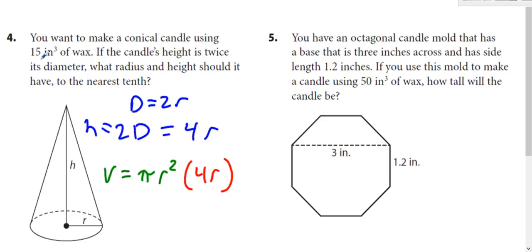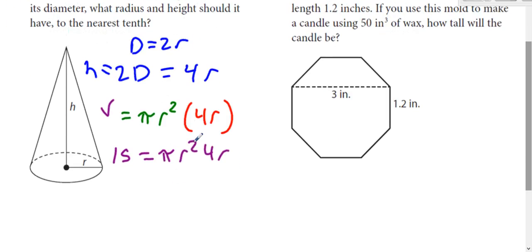And that's supposed to equal the volume, which is 15. So 15 equals pi times the radius squared times 4r. So if we simplify, that's 4 times pi, and then we have r squared, and r to the first makes r to the third equals 15.